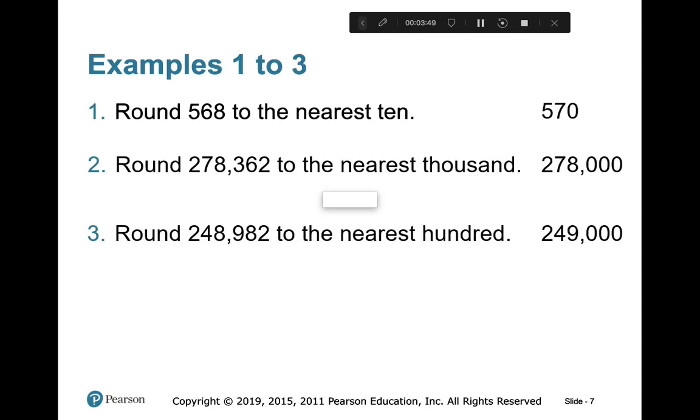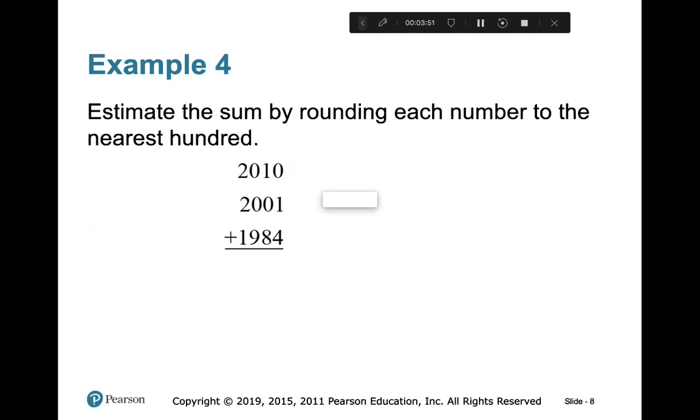Now we're going to estimate a sum by rounding each number to the nearest 100. This is on your vocabulary sheet. So if we are rounding each of these addends to the nearest hundred, 2010 becomes what? Remember all those words from the other day?